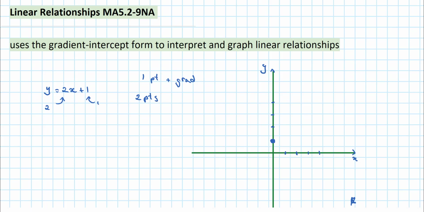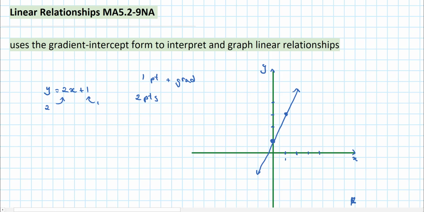They're the two options, the minimum amount of information to be able to sketch a straight line. In this case I have a point and a gradient. The gradient, remembering, is rise over run, so I'm rising 2 units for every 1 unit across. So if I go 1 unit across, I need to go 2 units up. So my line must pass through those 2 points. Then I can go ahead and draw a straight line, remembering to put arrows at both ends of the line.